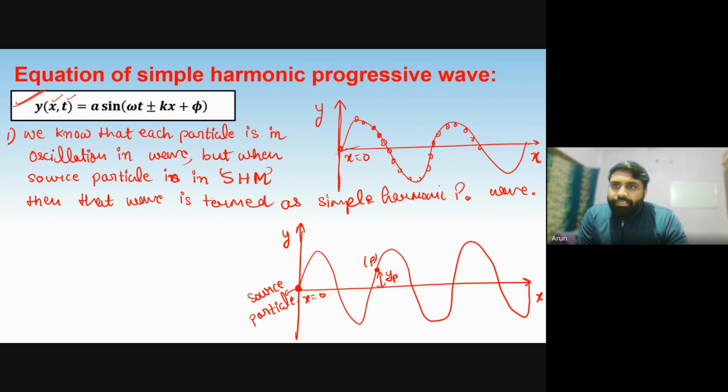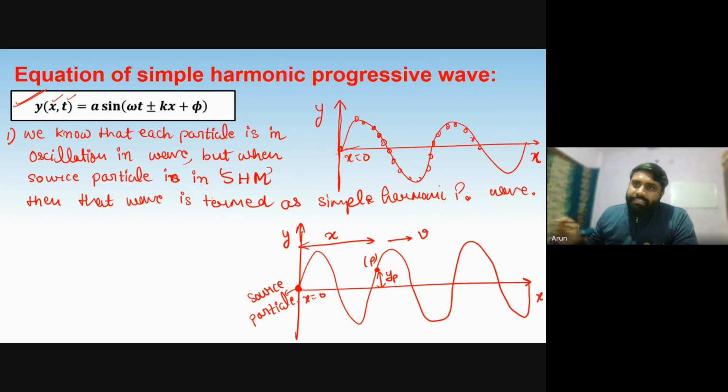This is the general point. So we just have to find the displacement of this particle present at this point here. Got it? And let's say the distance it has traveled on the x-axis is small x. And the wave is traveling with a speed of v. This complete wave is traveling with a speed v, and this particle which we have considered is at position x. Okay.